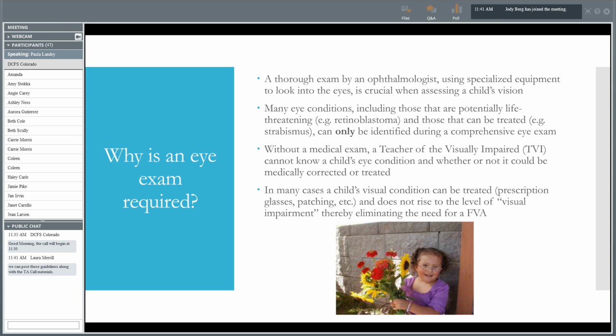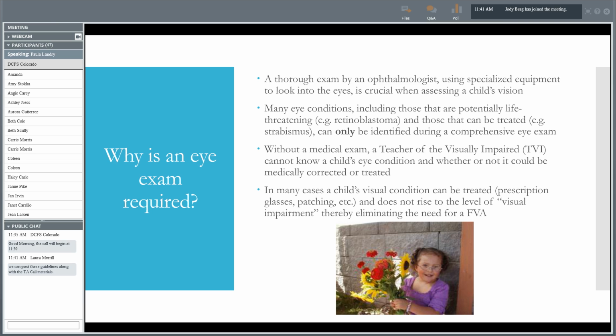And so in cases like that, that doesn't rise to the level of a visual impairment because it can be treated. And so those children wouldn't qualify for services with Anchor Center. So there is some logic and pretty solid reasons behind why we really need the ophthalmologist to be looking at those kiddos and following them.